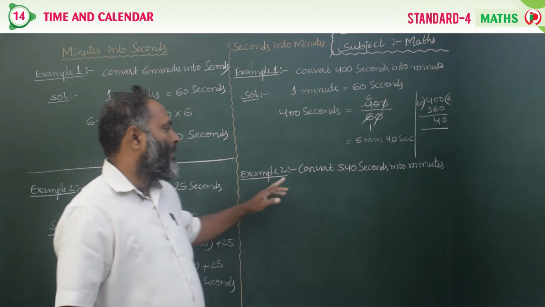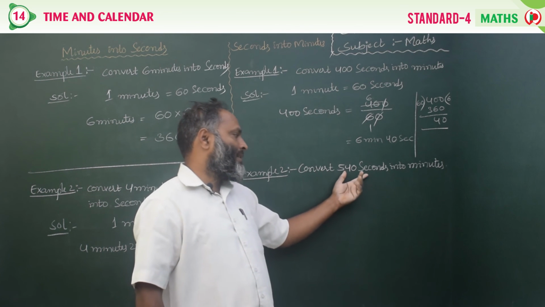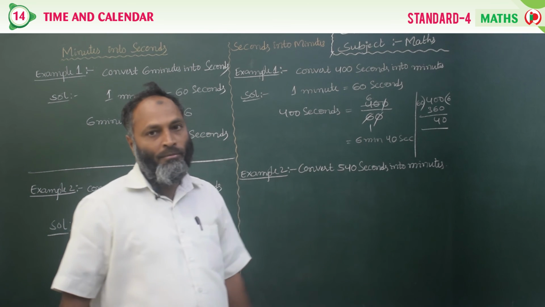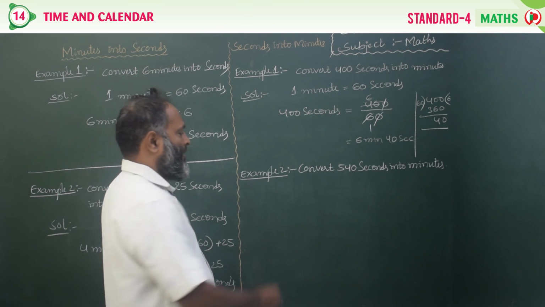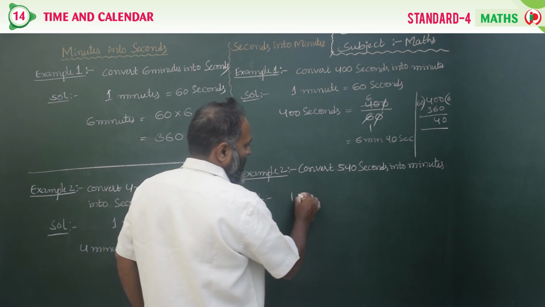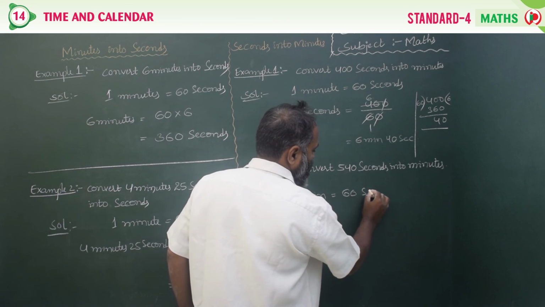Now the next: convert 540 seconds into minutes. Here seconds are smaller and minutes are bigger. Smaller should convert into bigger, so we should divide by the unit. The unit quantity is 1 minute. 1 minute is how many seconds? 60 seconds.